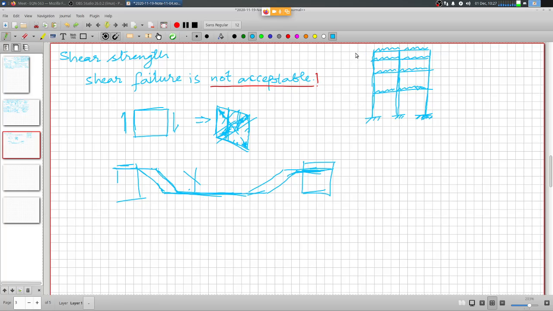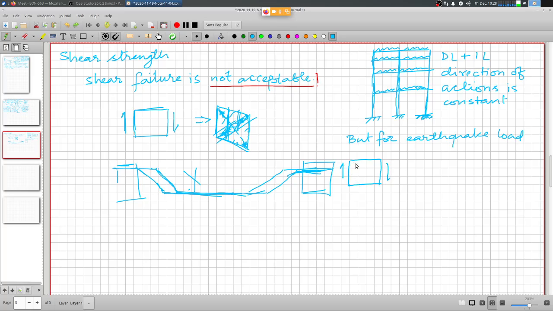But in case of earthquake load, this shear force, whatever you are looking at here, at one instant you have shear in this direction leading to diagonal tension like this.